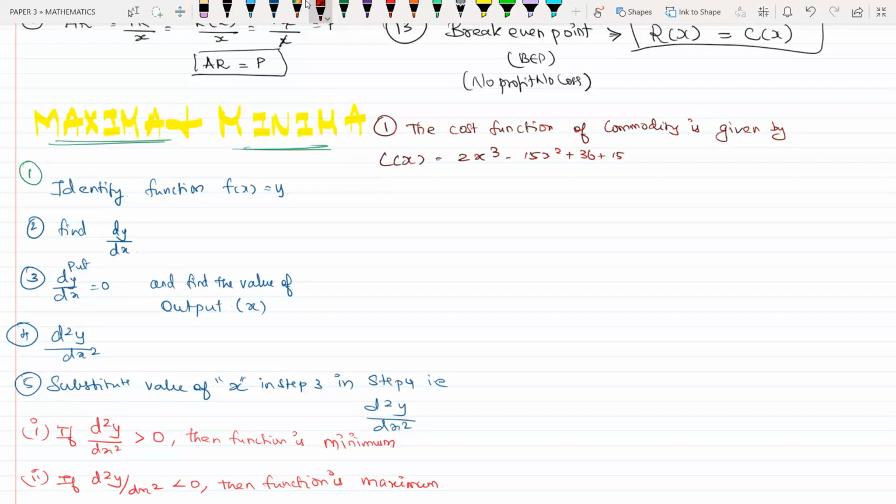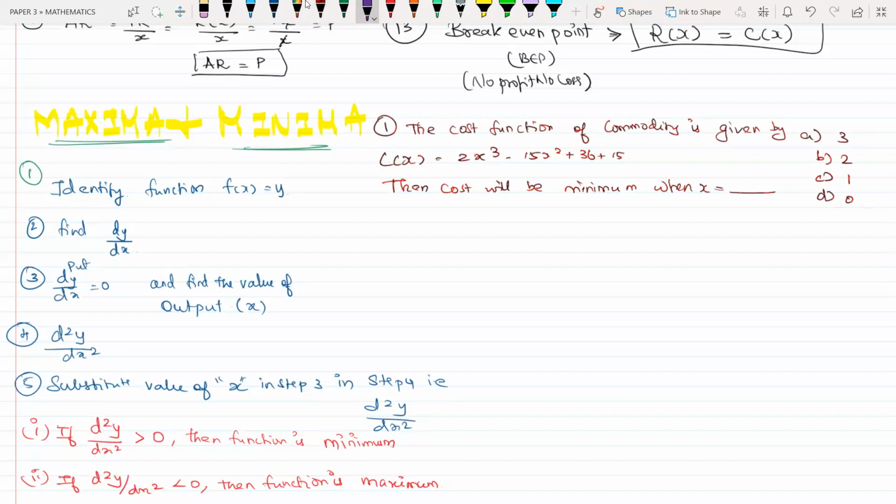Then they are asking, cost will be minimum when x, they are asking the value. Option A 3, option B 2, option C 1, option D 0.